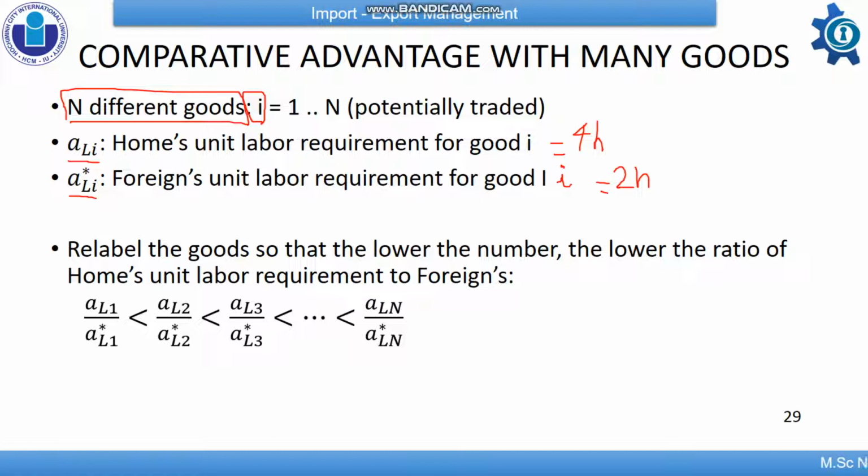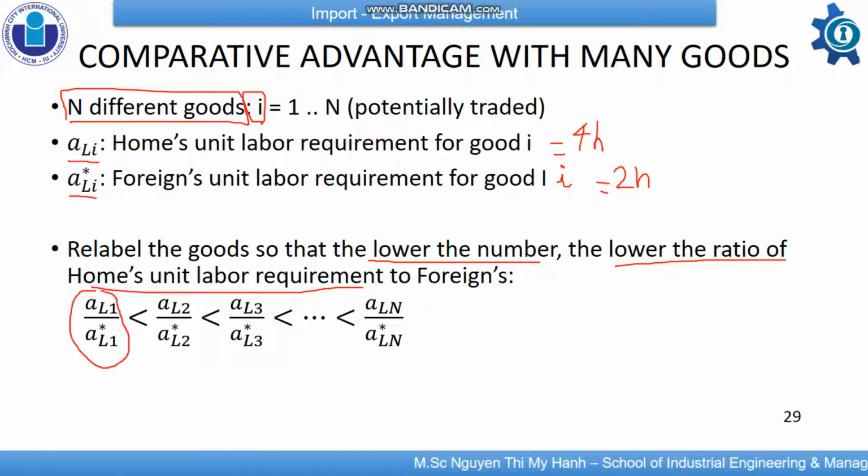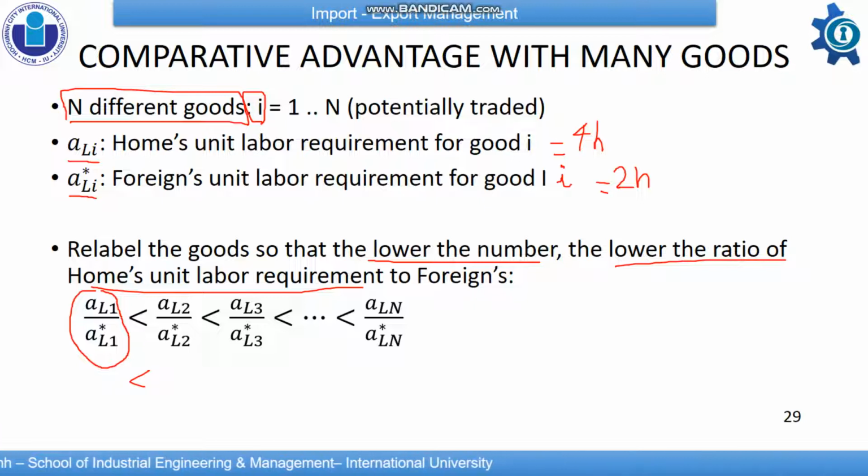And we assume that we arrange the products from 1 to n, so that the lower the number, the lower the ratio of home's unit labor requirement to foreign's. So here the ratio of home's unit labor requirement to foreign's for product 1 is smaller than product 2 and smaller than product 3.